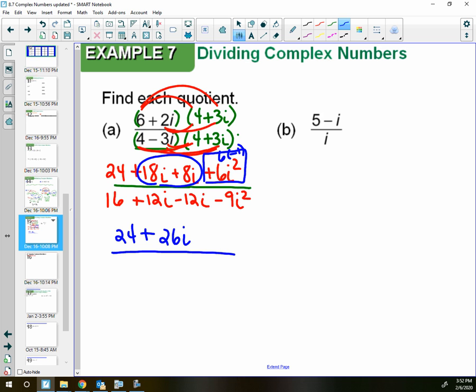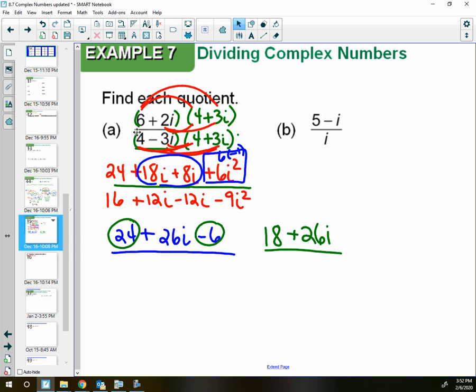So really that term is 6 times negative 1, which is negative 6. So I can combine the negative 6 with the 24 to give me a final numerator of 18 plus 26i. Again, we're going to write the real, or whole number, part first and then the imaginary part. It's a little bit easier to deal with.